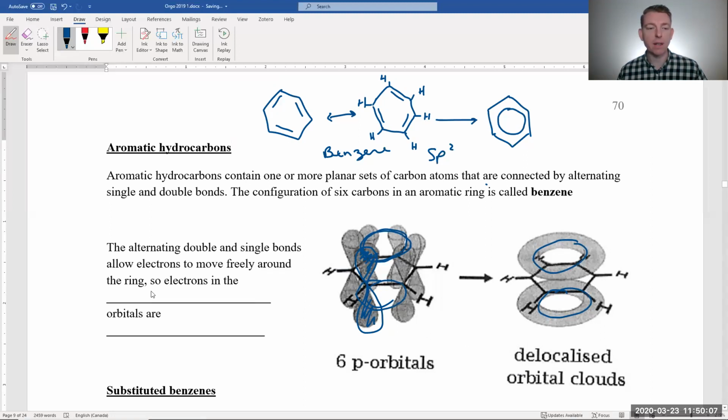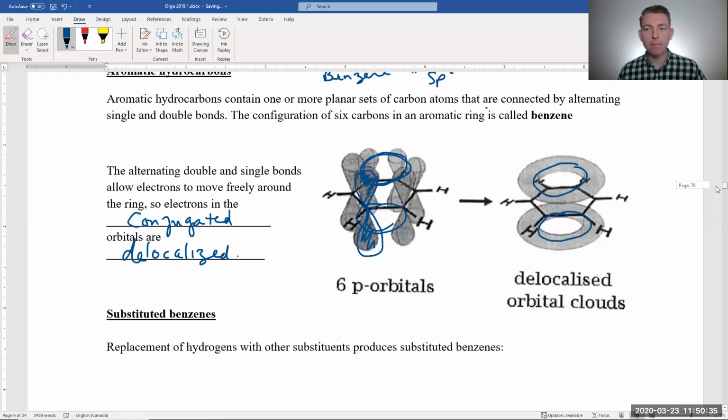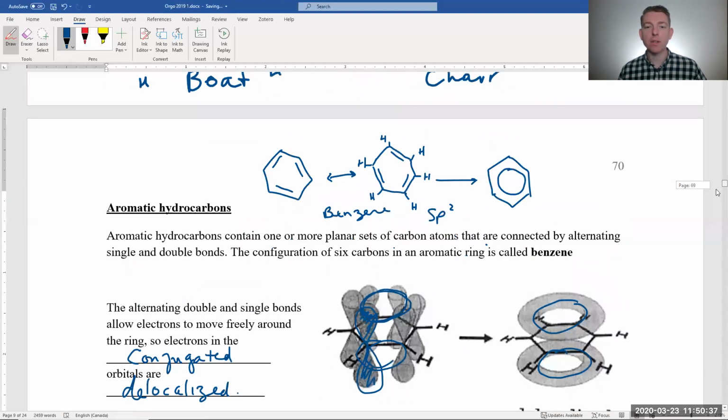So if we're going to fill in the blanks here, we say the alternating double and single bonds allow electrons to move freely around the ring. So electrons in the conjugated orbitals are delocalized. Okay, important concepts for any kind of aromatic, and in fact for a lot of other conjugated bonds as well.